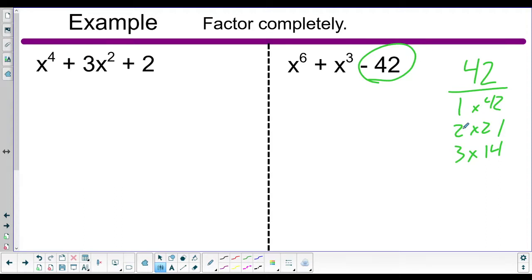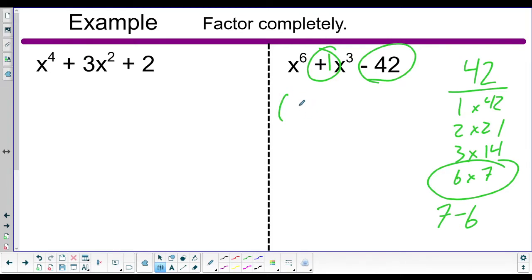Not close yet. We need them to be 1 apart. So how about 6 times 7? That'll work. So we're going to use 7 minus 6 because we want to get a positive 1. So this is going to be plus 7, something minus 6, because those are the two numbers we're using.